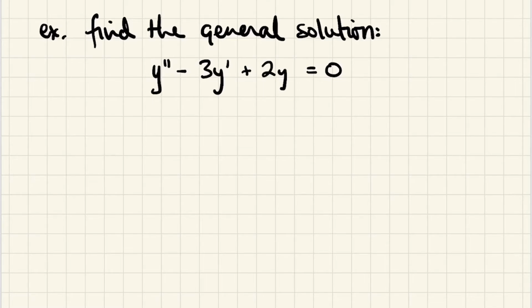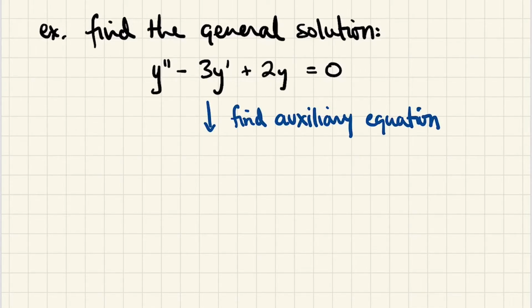All right, so let's find the general solution to this second order homogeneous linear differential equation with constant coefficients. Our first step is simply to find the auxiliary equation. So that would be m squared minus 3m plus 2 is equal to 0.